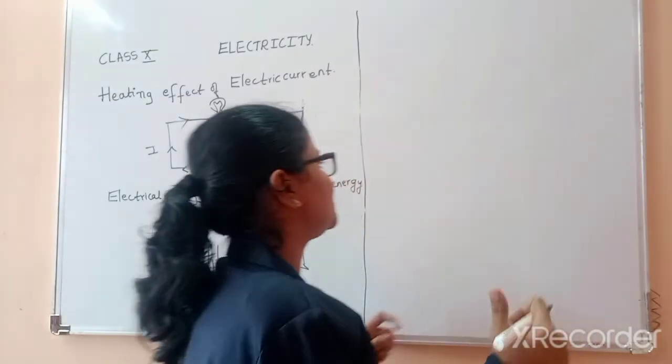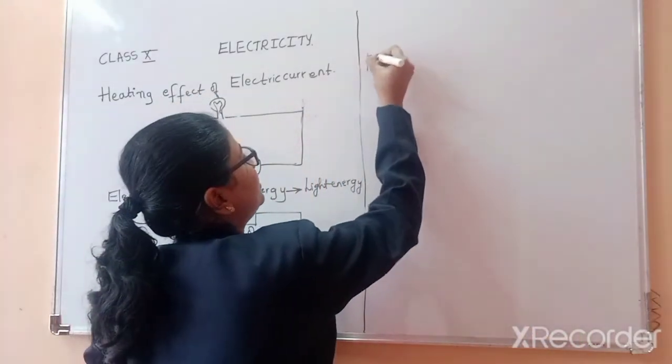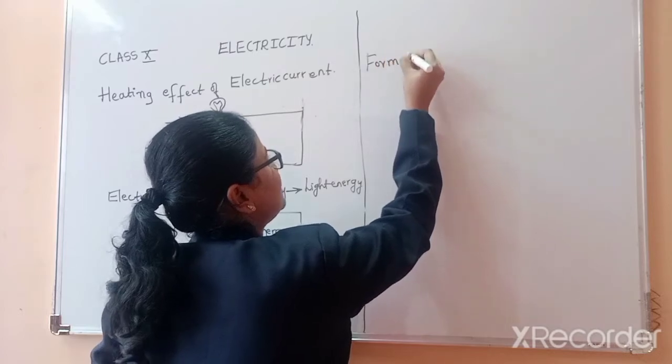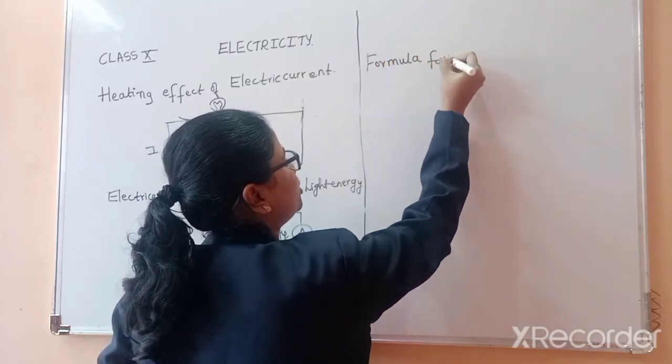Let us see the formula for the heating effect of electric current, that is, the formula for heat energy.